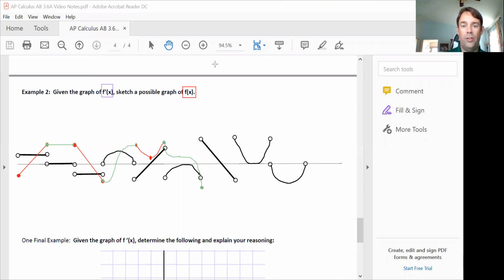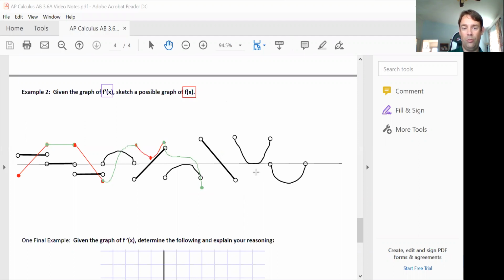Okay, so where that x-intercept is, that's where I'm going to have either a relative max or a relative min. I'm going from a derivative that's positive, so first derivative greater than 0, to first derivative less than 0. Greater than 0 to less than 0, that is a relative max. I'm going to have a relative maximum where that x-intercept is.